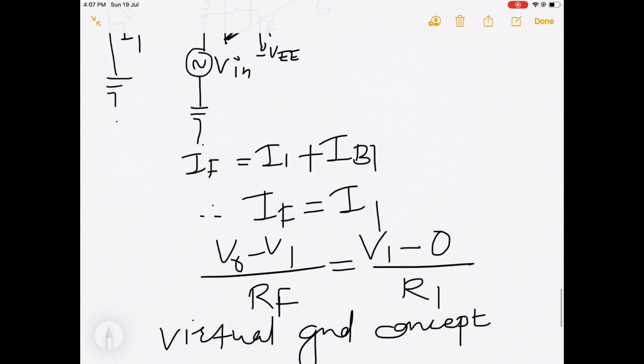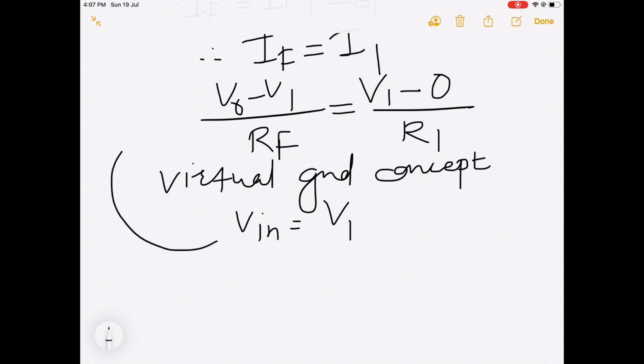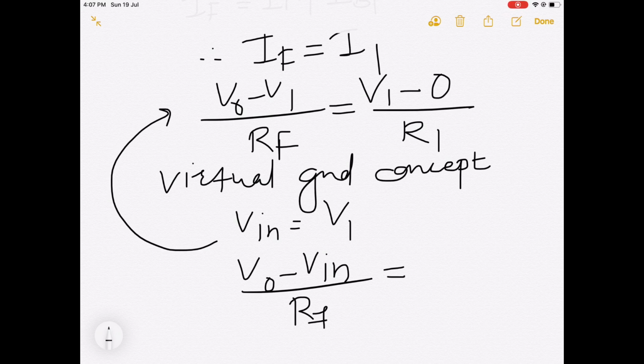So, that is why Vin equal to V1. Put this value in this equation. So, VO minus V1, that means VO minus Vin divided by RF, is equal to V1, which is nothing but Vin, divided by R1.